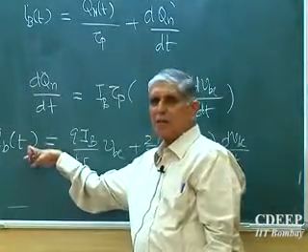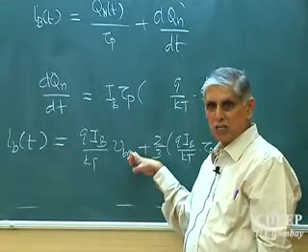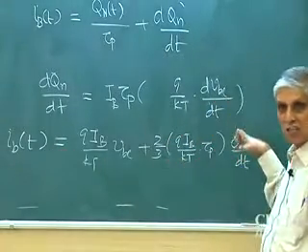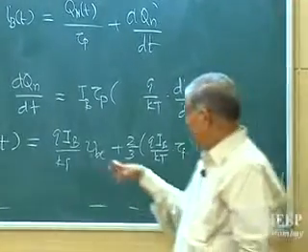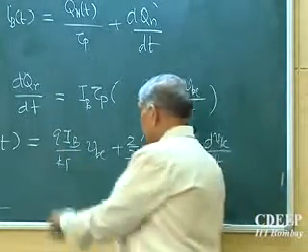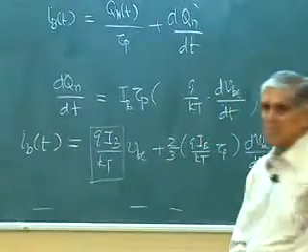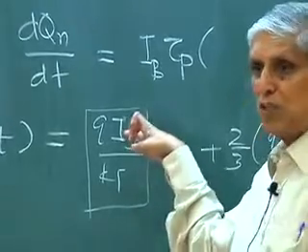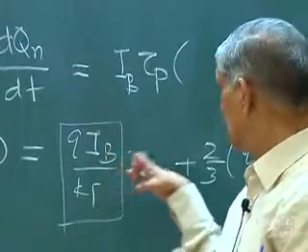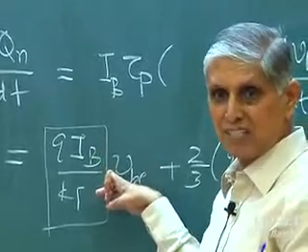The time dependent base current is related to AC value of VBE plus a differential of AC voltage. Is that correct? So what should be the unit of this QIB by KT to make it current? This must be G. Conductance into voltage must be the current. So this has a unit of conductance.